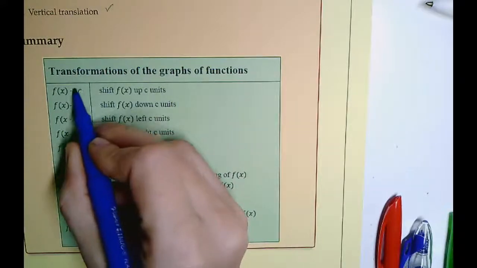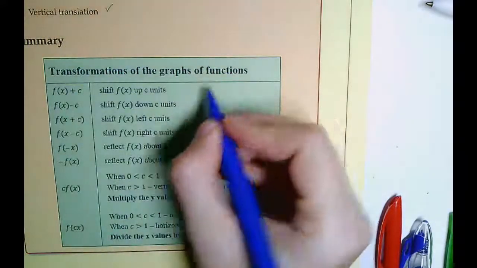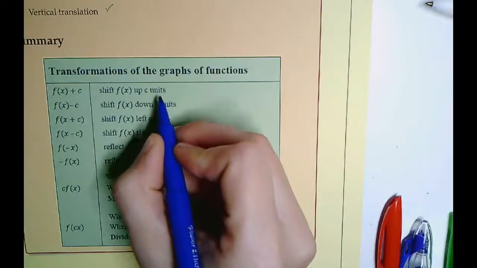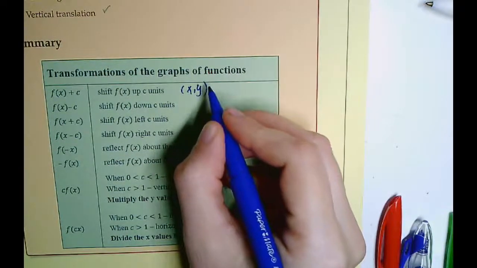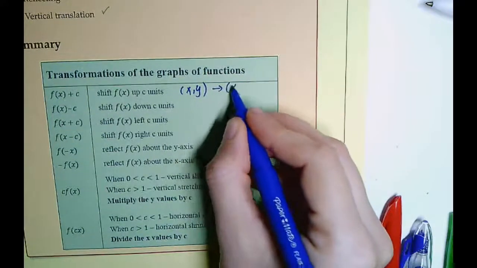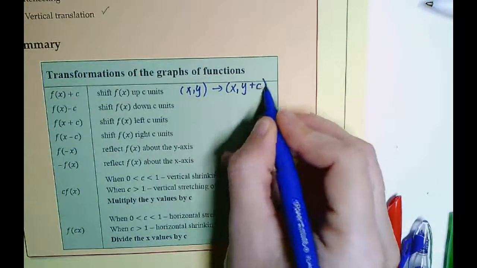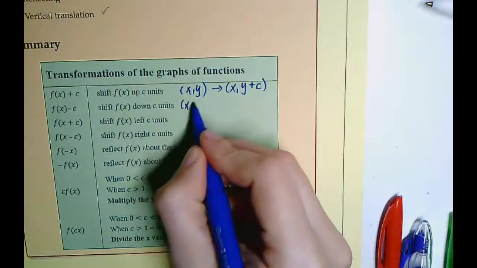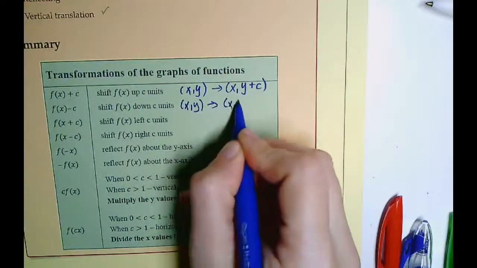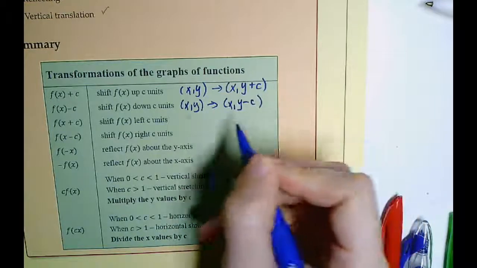So f of x plus c, when I add a constant on the outside, the graph is up c units. So that means that a point (x, y) on the parent function becomes (x, y plus c). You moved it up, so the y coordinate moved up. If you moved it down, the y coordinate moved down.